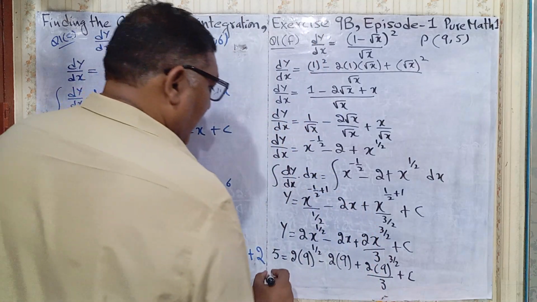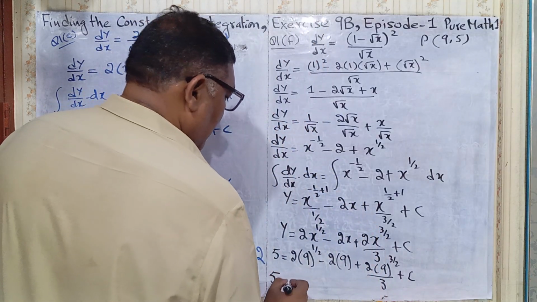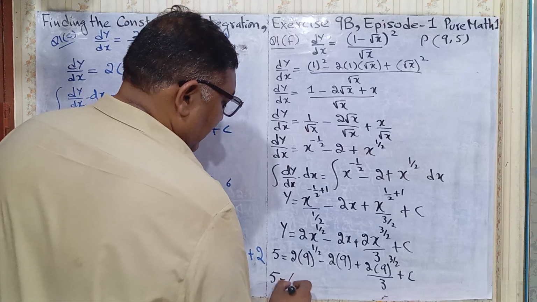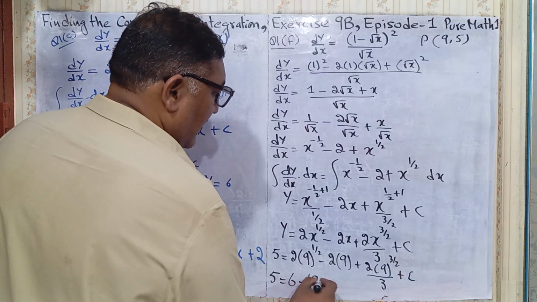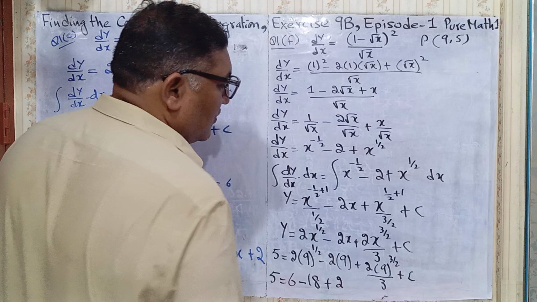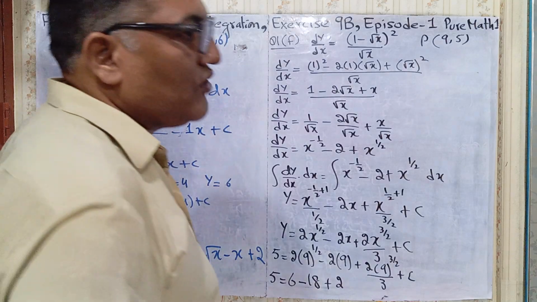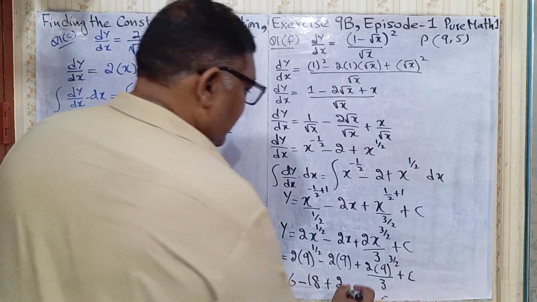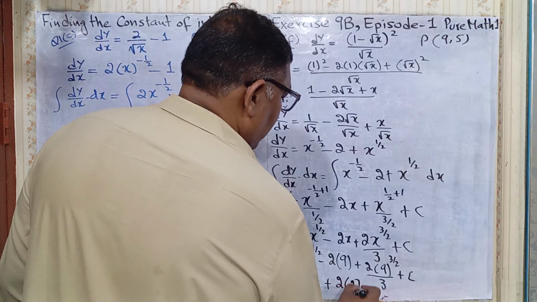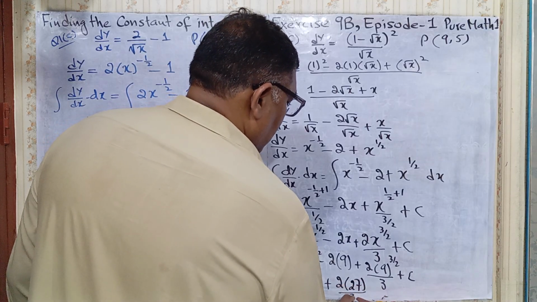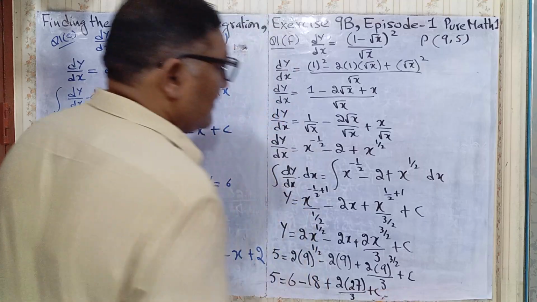Under root of 9 is 3, 3 twos are 6, minus 18, plus 2 into 27 divided by 3, plus c.